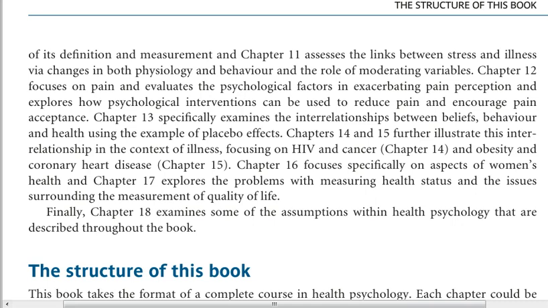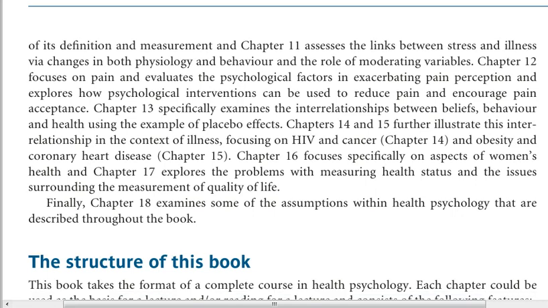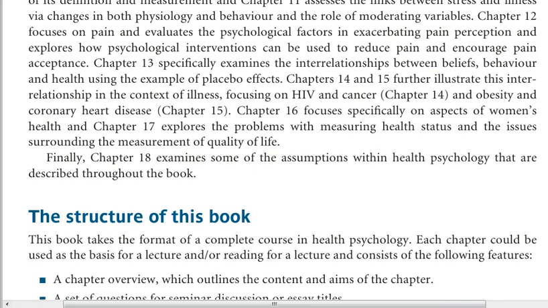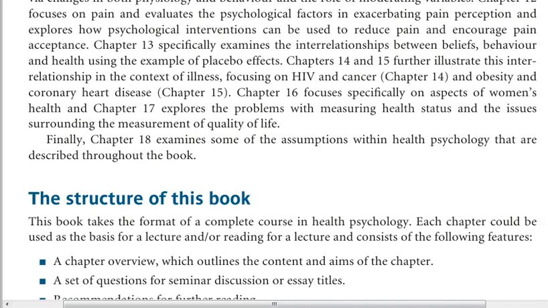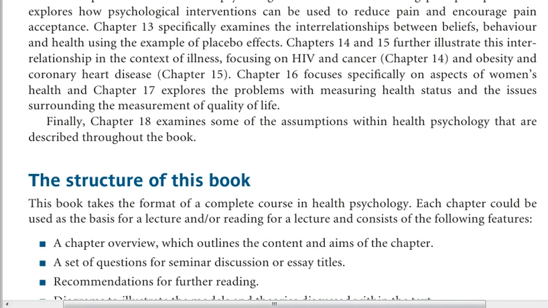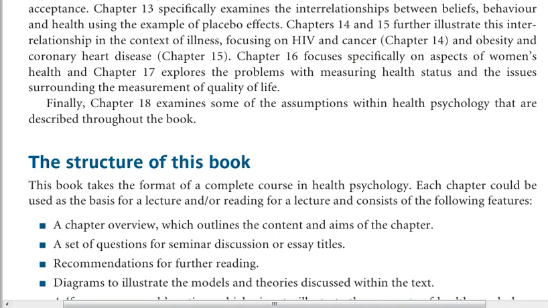Chapter 16 focuses specifically on aspects of women's health, and Chapter 17 explores the problems with measuring health status and the issues surrounding the measurement of quality of life. Finally, Chapter 18 examines some of the assumptions within health psychology that are described throughout the book.